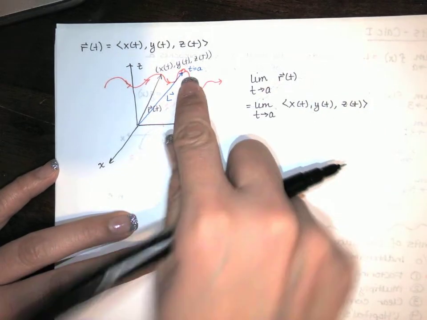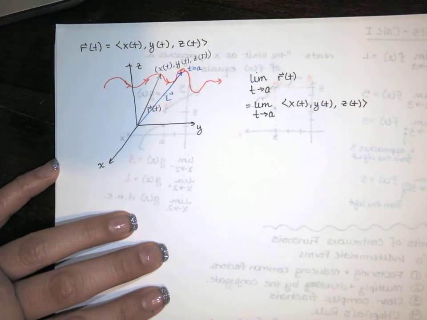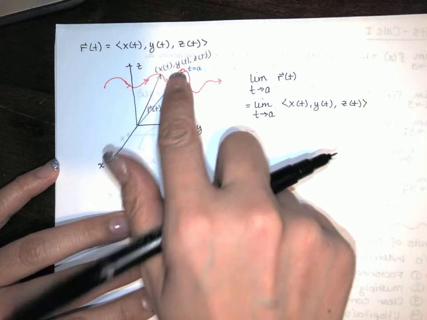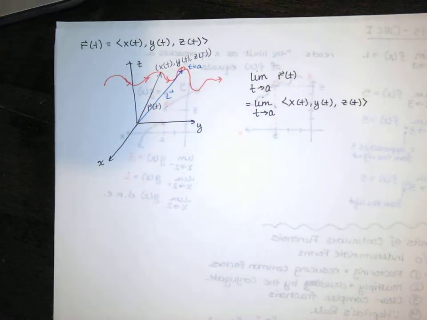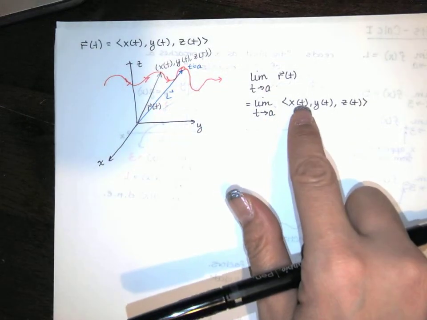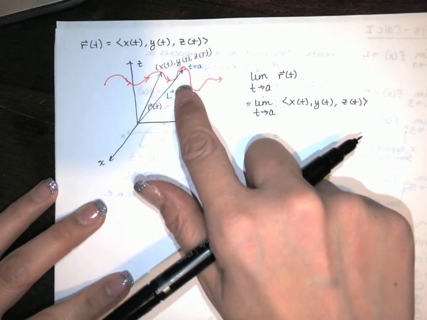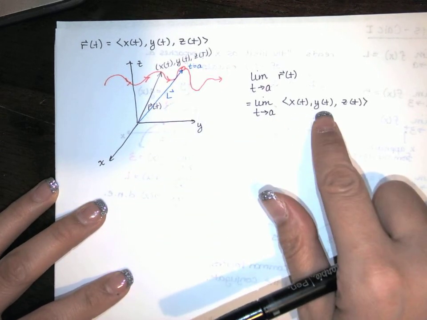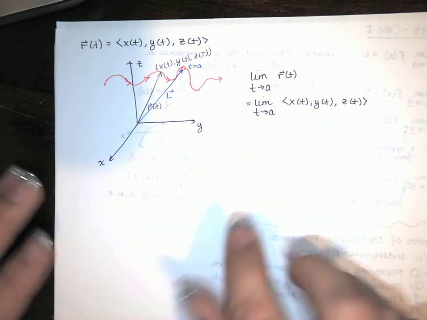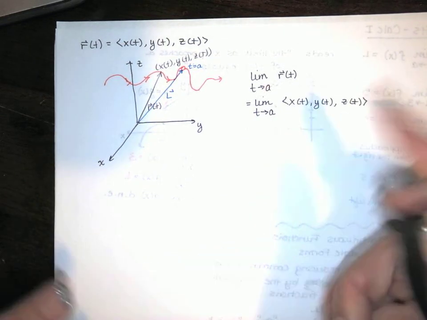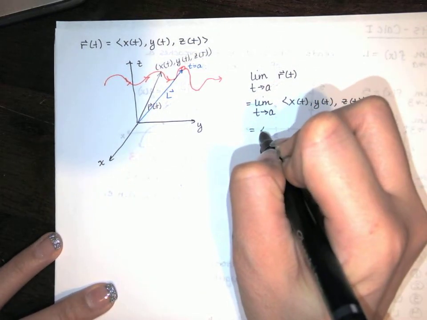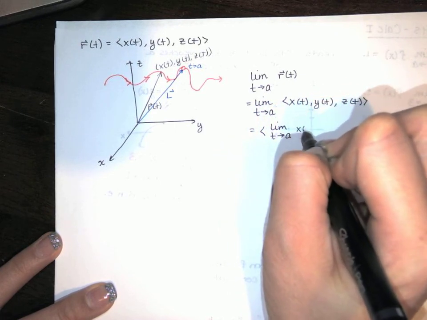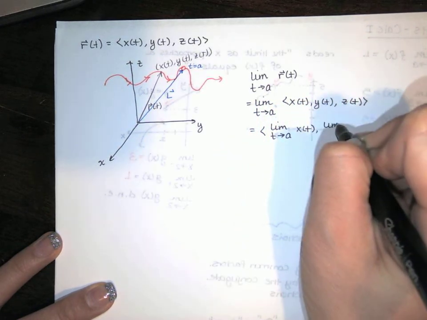Well, if we're approaching this point, x is getting close to the limit as t approaches a of that component, x of t. And the y on L is getting close to the limit as t approaches a of y of t. So the limit of this vector valued function is just the vector with these components. You just take the limit of each part.